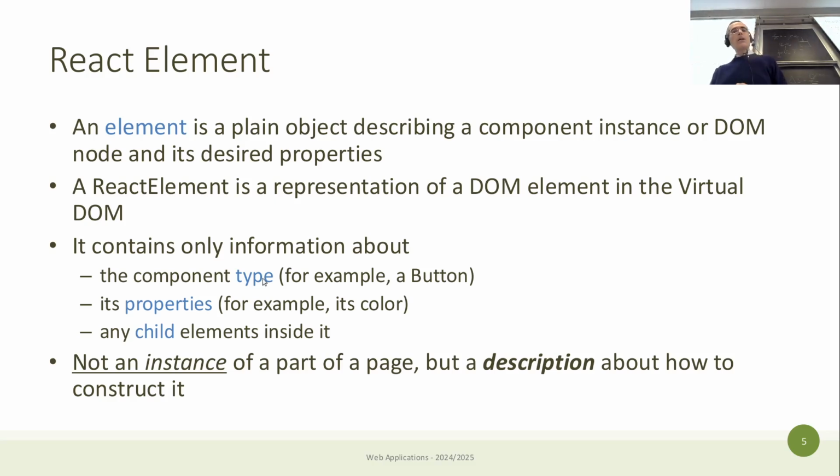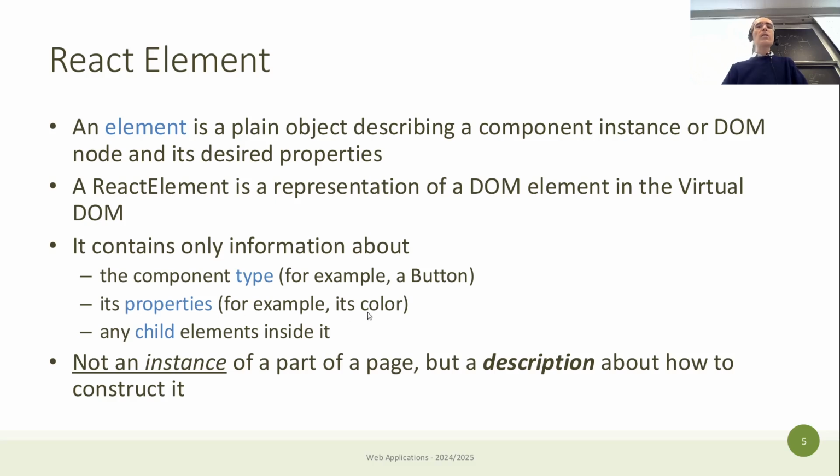Okay, so it contains the information about the component type. Either it's my components, so it's not predefined. It has let's say a name, okay, that I decide, or it is its default name that is the same as the HTML one.